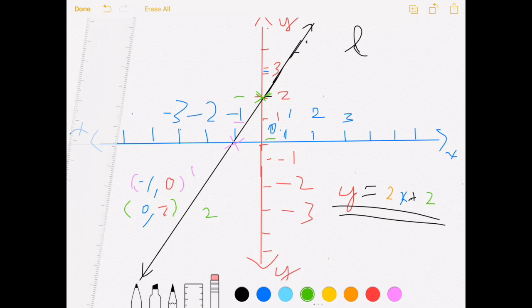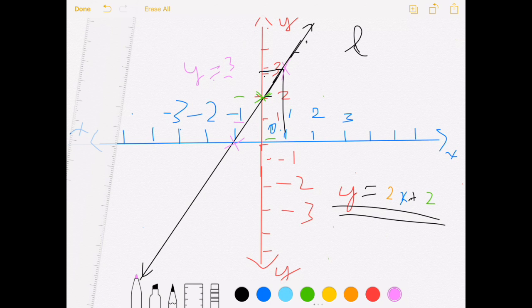Say you have a point on the line, right? You take this point, and let's mark this again in pink. So you have this point on the line, and you want to see what its y value is given x, or its x value is given y. So say you know, which we know already from this, that the y value is 3. So y equals 3, right? What is the x value?